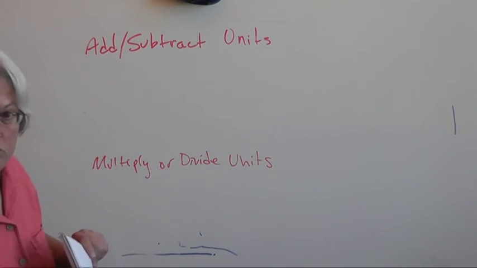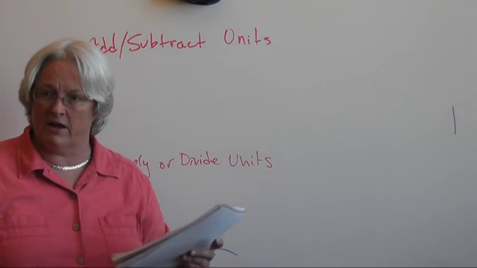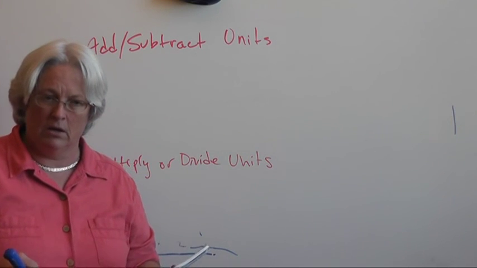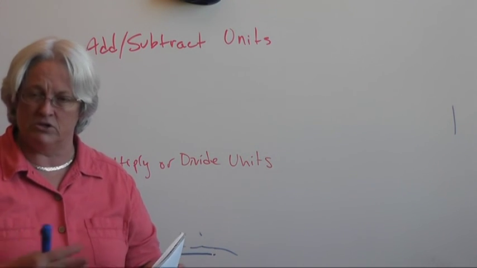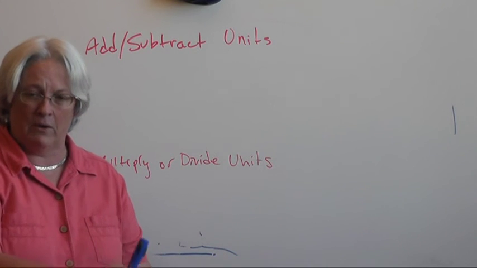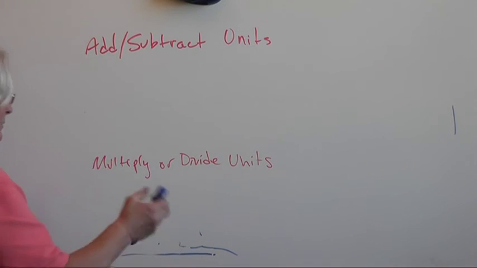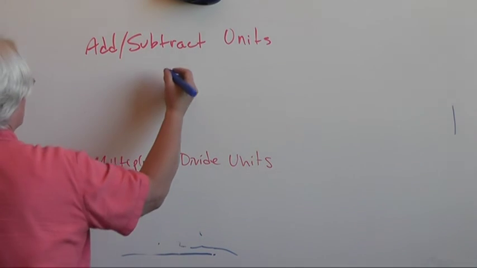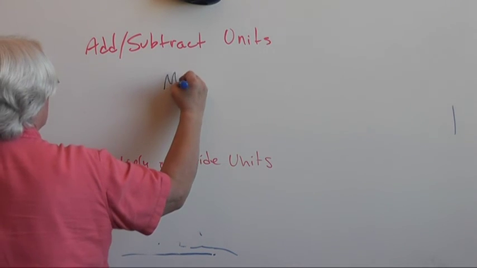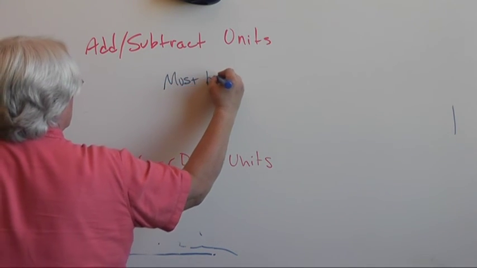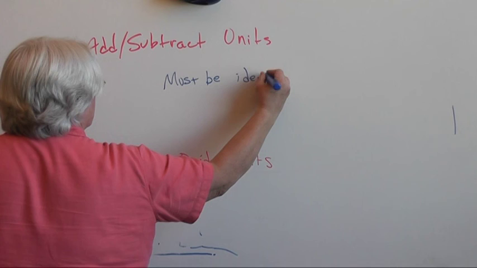When you're adding and subtracting, it's like when you say 5x plus 6y, you can't add those because the units are different. But if you have 5x plus 2x, that would be 7x. When you're adding or subtracting, the units must be identical.